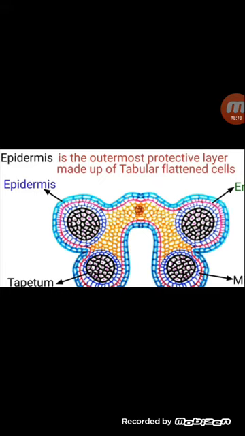What is the function of epidermis? Protection. What are the cells made up of? Tabular flattened. So epidermis is the outermost protective layer made up of tabular flattened cells.